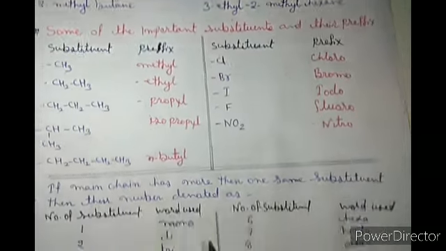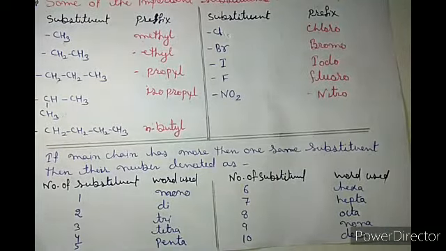Now if the chain has the same type of substituents attached more than once, we use mono, di, tri, etc. with their name.